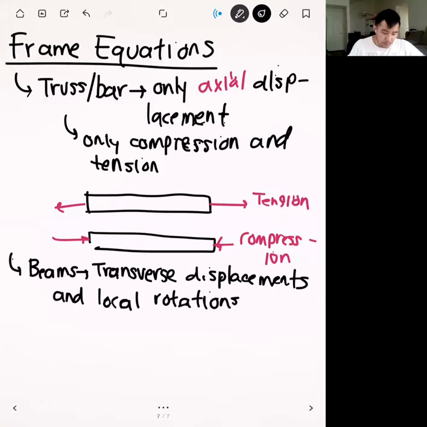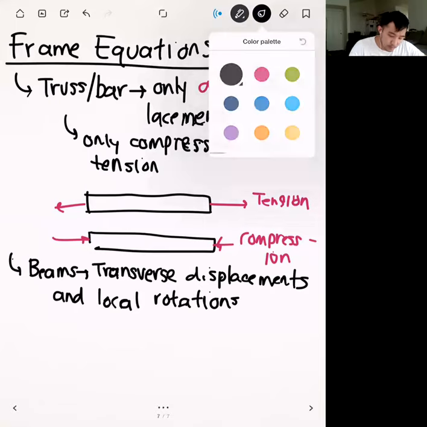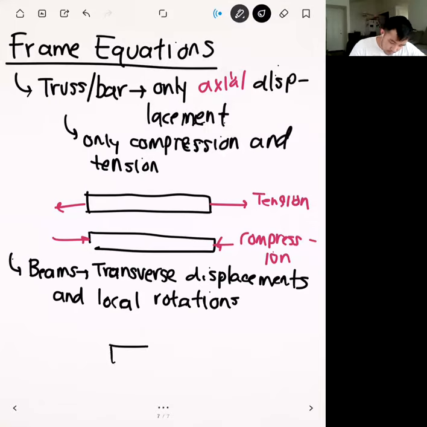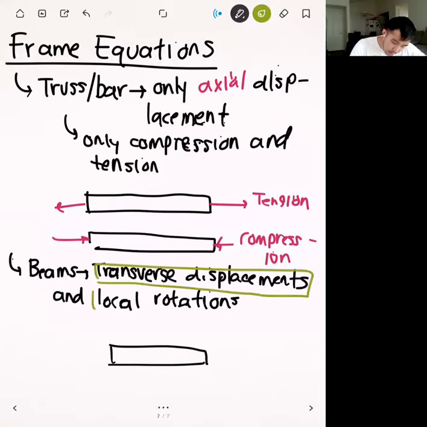And so if we draw a beam element like this, let me box these guys. So this would be transverse displacements and local rotations.